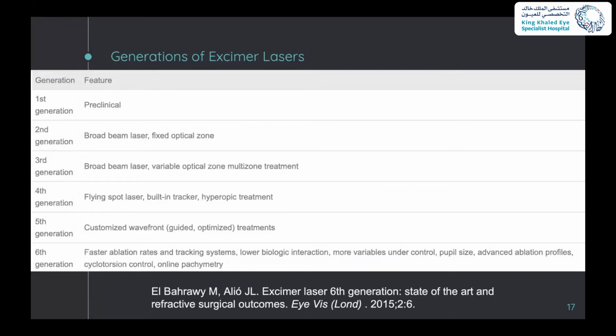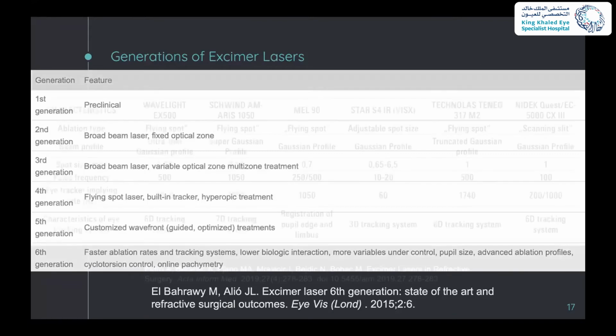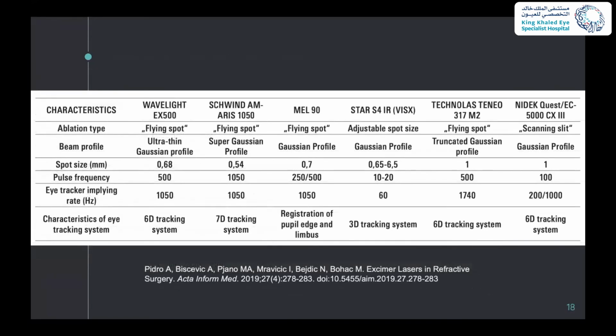It also allows us to do very minimal high energy pulses. This is a quick comparison between the current machines. You can see that most of them are using flying spots, with different spot sizes, different pulse frequencies, and different tracking systems.